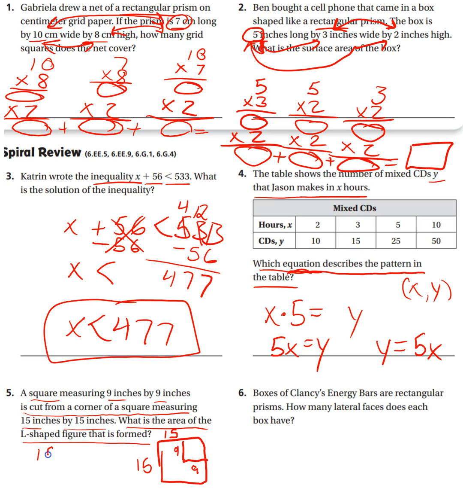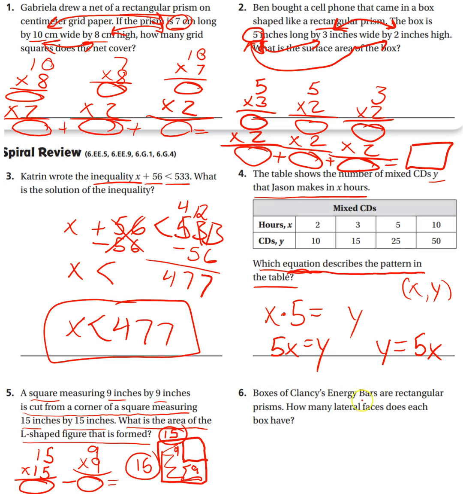So you need to find the area of the whole square, which would be length times width. Get that answer. Find the area of the part they cut out, which would be 9 by 9. Get that answer. Take this answer minus this answer, and that will give you the leftover area. Okay, I'll let you finish that on your own.